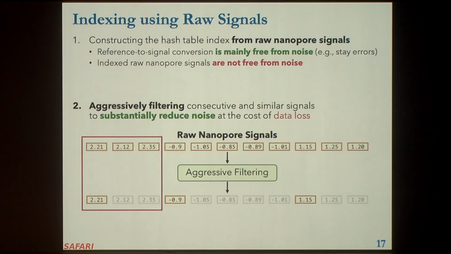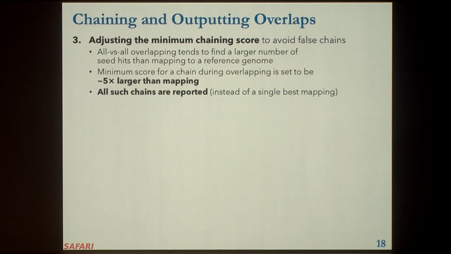Here is one example. These three signals can be close to each other in terms of value, but we only keep one of them. At a high level, this removes some errors that are known as stay errors in nanopore sequencing.